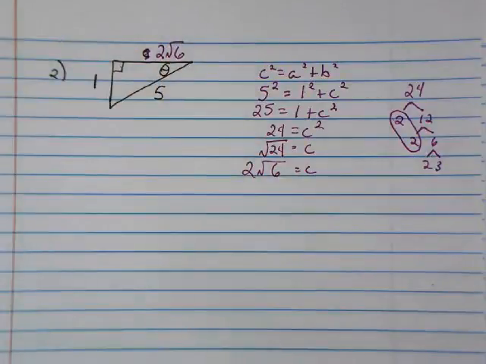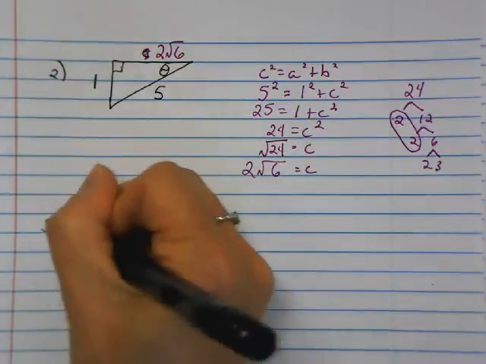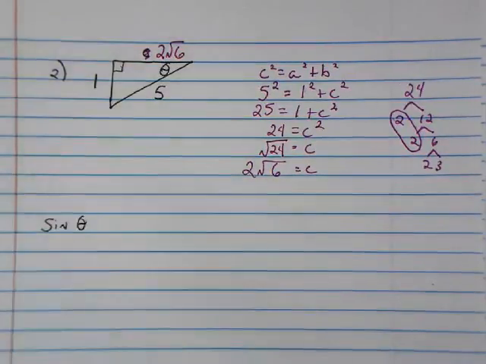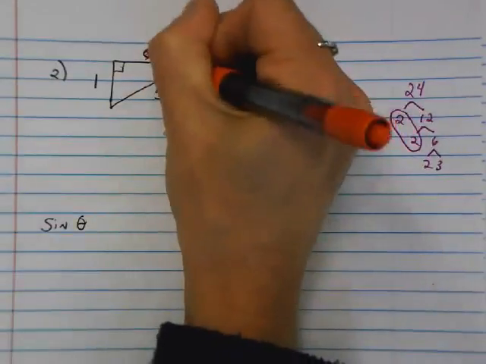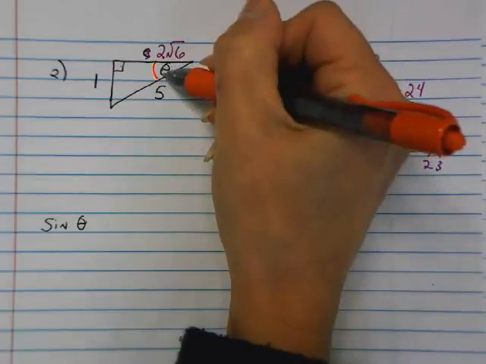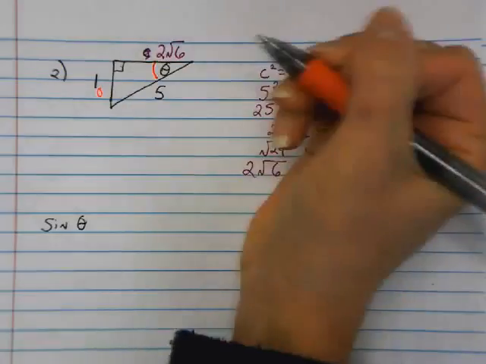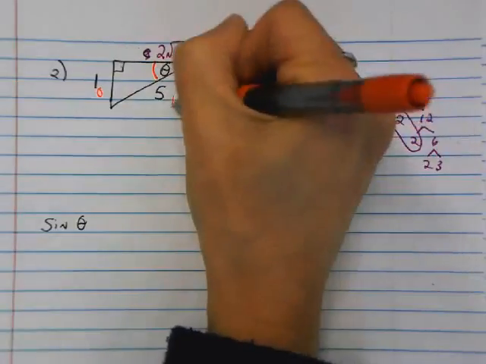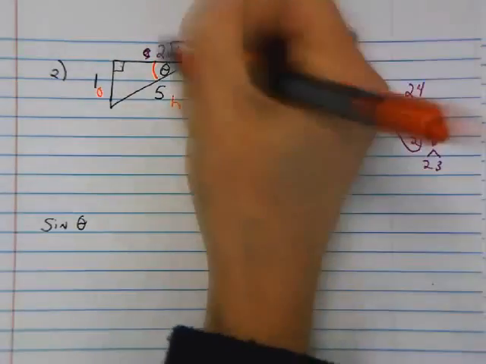Okay? Alright, I want sine of theta. So I go back up to my picture. I'm starting at theta. Directly opposite me is 1. My hypotenuse is 5, and that means this is my adjacent side.